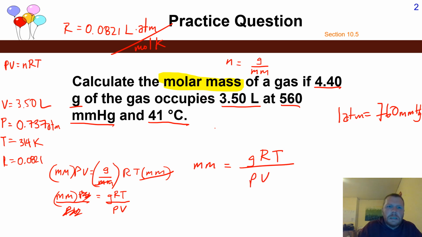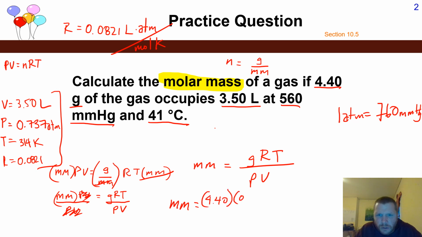Plug all of these things in. And I get molar mass is equal to 4.40 times R, 0.0821.